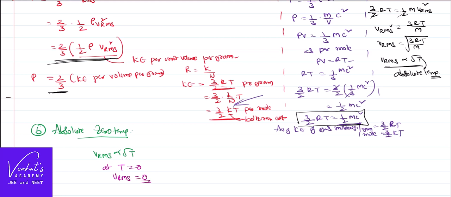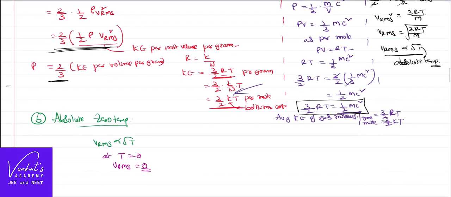Means what? The gas molecule simply stops moving. They are in a kind of still state. That's no more like a gas state itself, because gas molecules cannot stay in a still state. That means that's the temperature at which any gas gets converted into other forms.